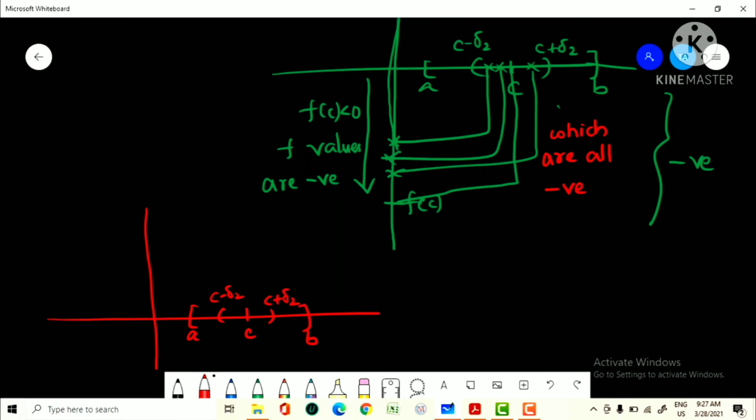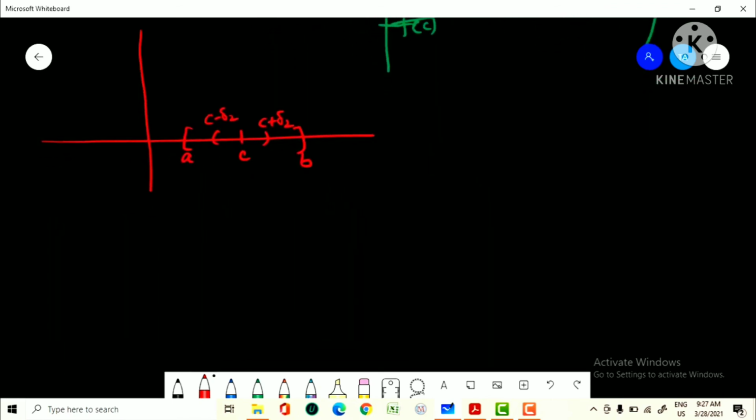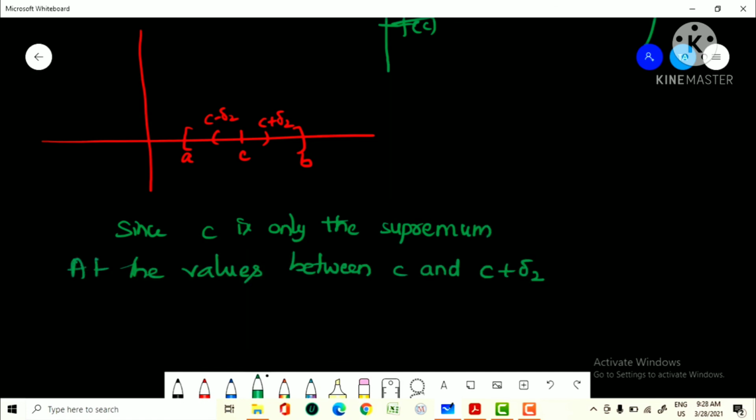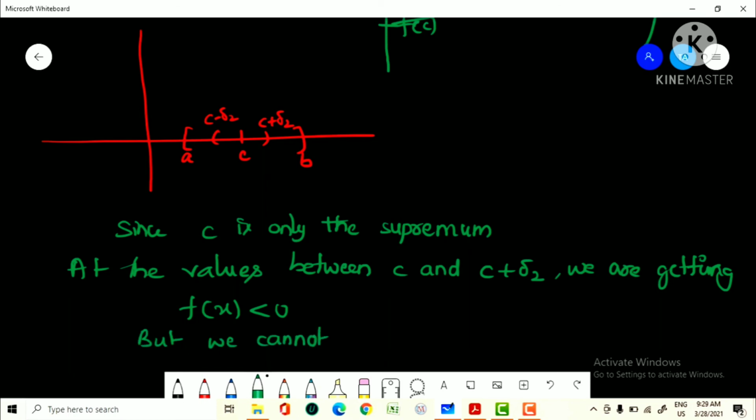Since C is the supremum, for the values between C and C plus delta 2 we are getting f of x values as negative, but we cannot have two upper bounds.